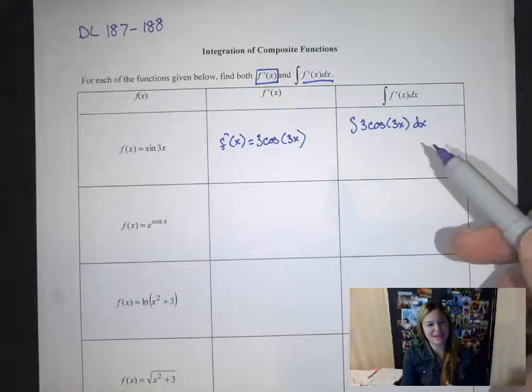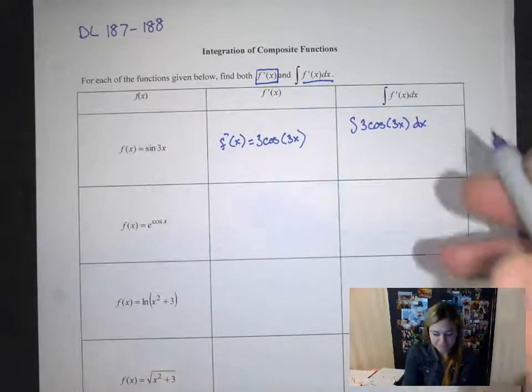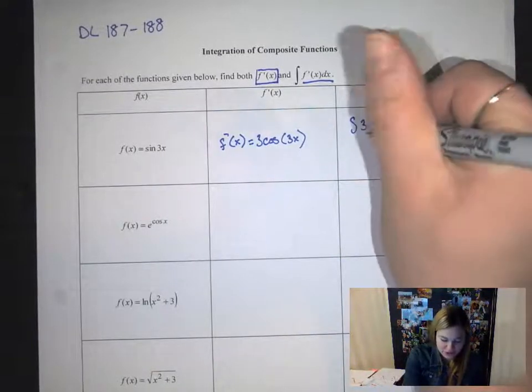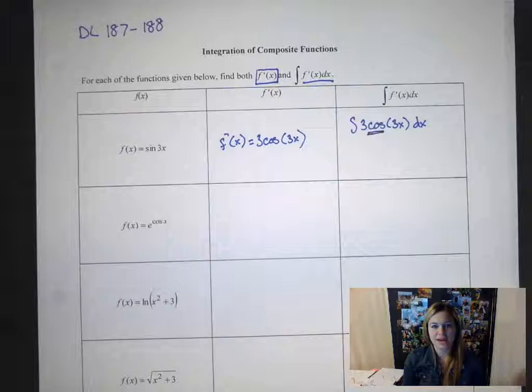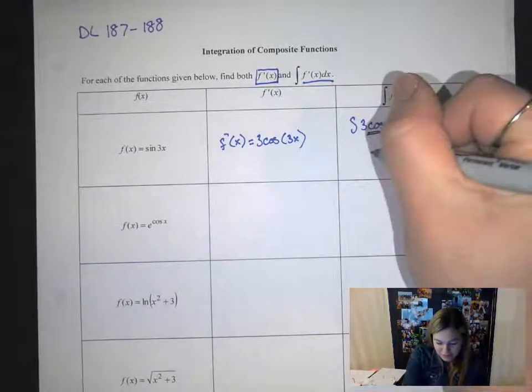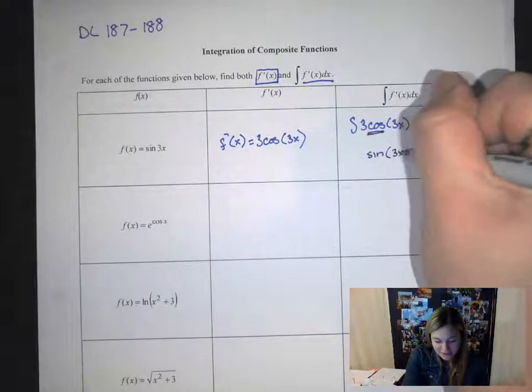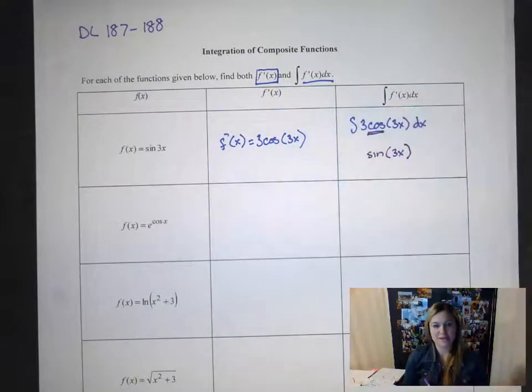And now I need to kind of go backwards in my thinking. So I just look at the main part of this function, in this case cosine. And I think, what's the antiderivative of cosine? The antiderivative of cosine is sine, but we still have to leave the inside alone.